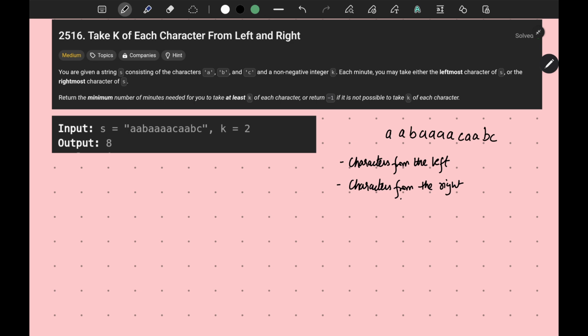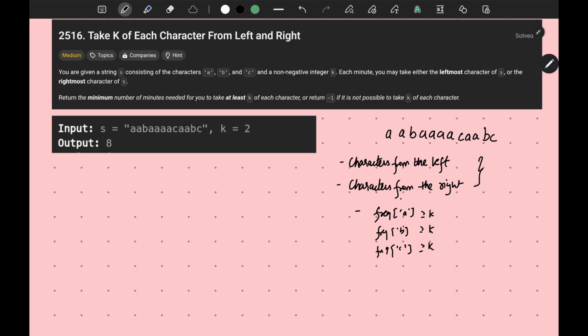Okay, and what do we want to do? We want to maintain the frequency of each character A, frequency of B and frequency of C. It should be at least k, and we need to return the minimum number of characters that we should take.